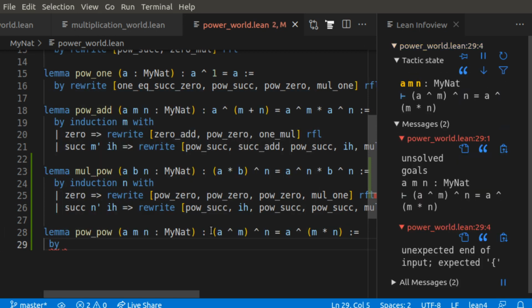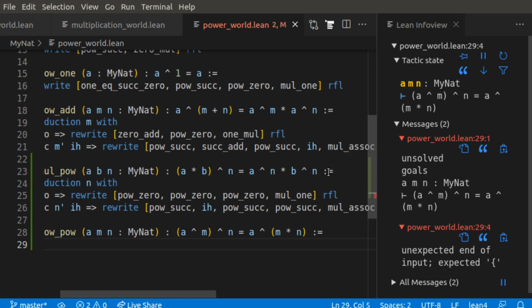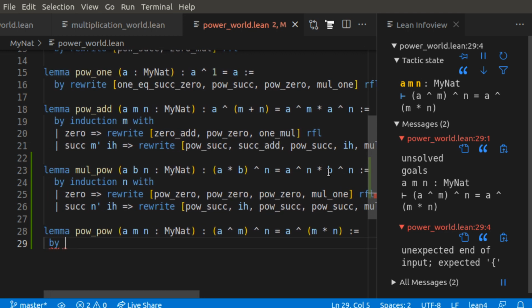And then let's figure out how to prove this. Okay, A to the power of M to the power of N. Probably something to do with induction here. On what though?